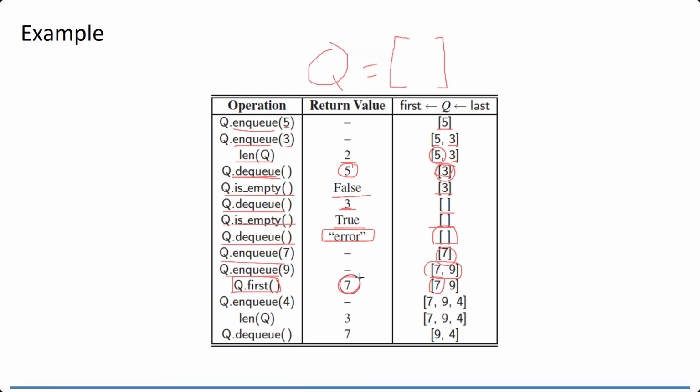So I can see 7. Enqueue. So I'm going to add another element at the end of the list. I'm going to check how many items now I have in the queue. So there are 3 items. And then dequeue means I'm going to remove the first element. So I'm going to remove the element 7.